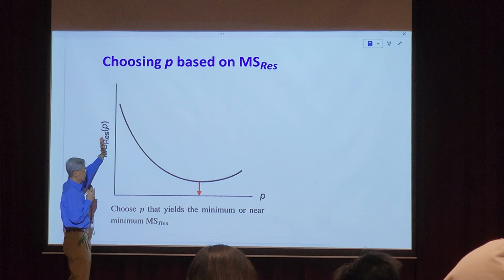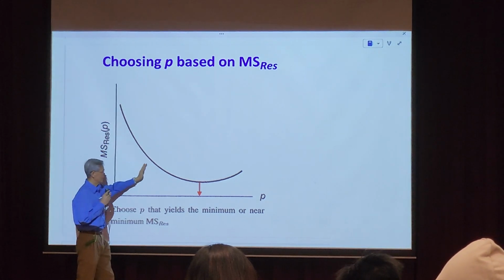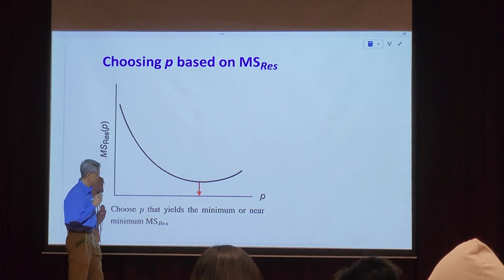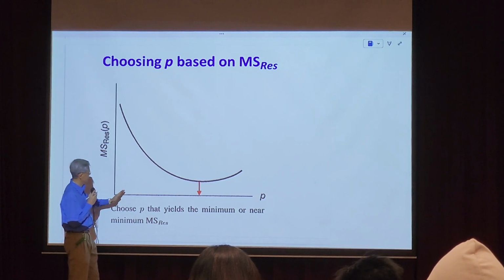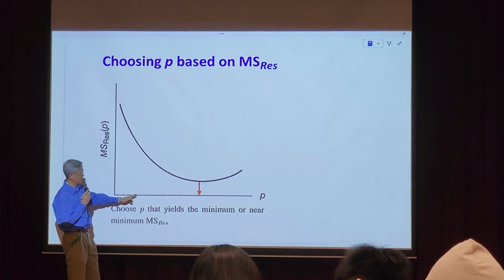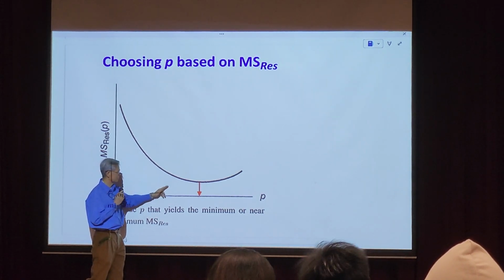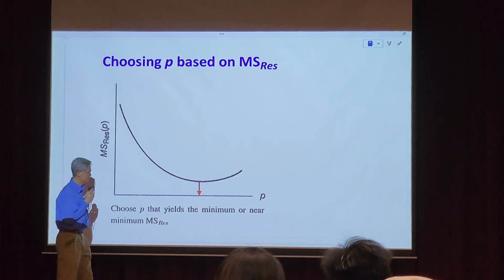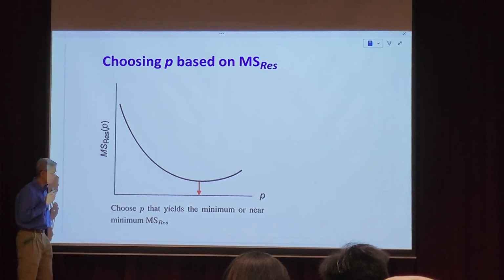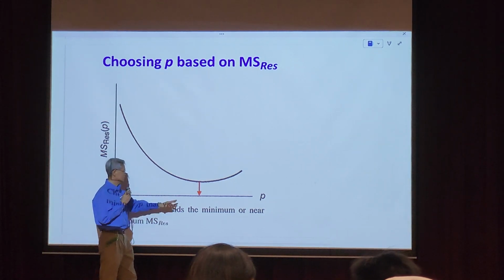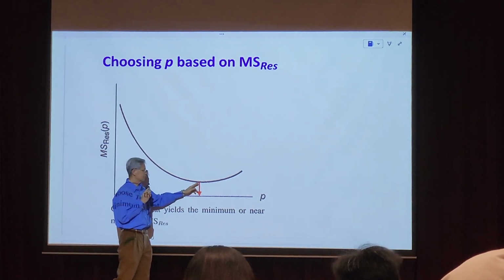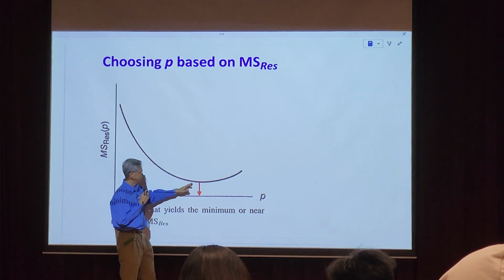So it will decrease as P increases, and as you can see, these choices of P will not be good, because you can still improve it quite significantly by considering larger P. So usually we choose a P that is near the minimum.